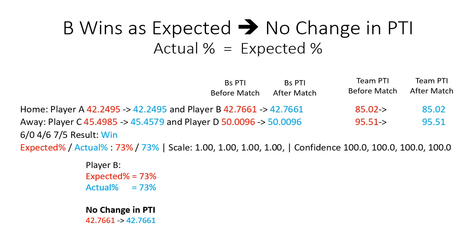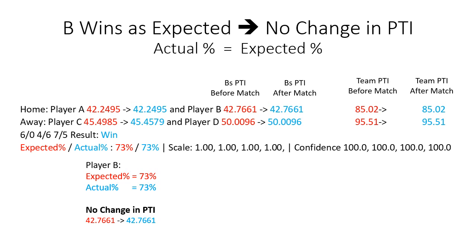In this example, player A has a PTI of 42.2495 and player B has a PTI of 42.7661. The home team's combined PTI before the match is shown in red in the first of the outer columns, or 85.02. The corresponding values after the match are shown just after each value in blue.